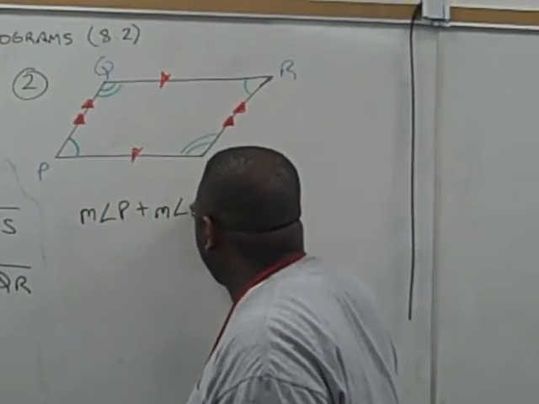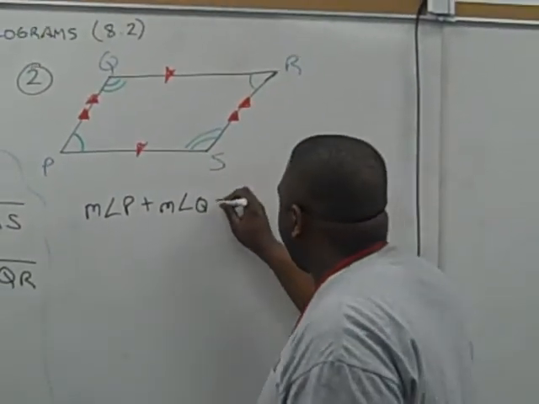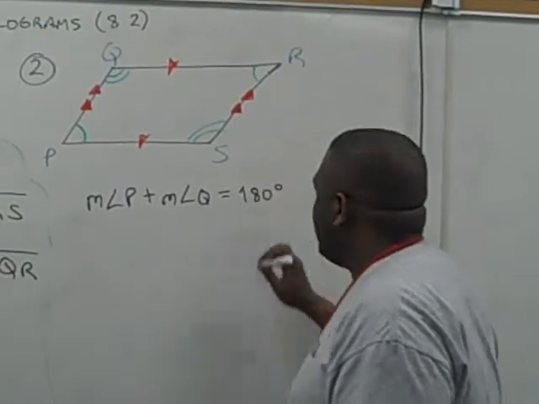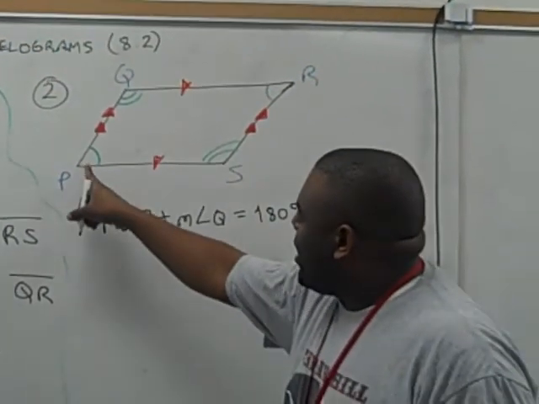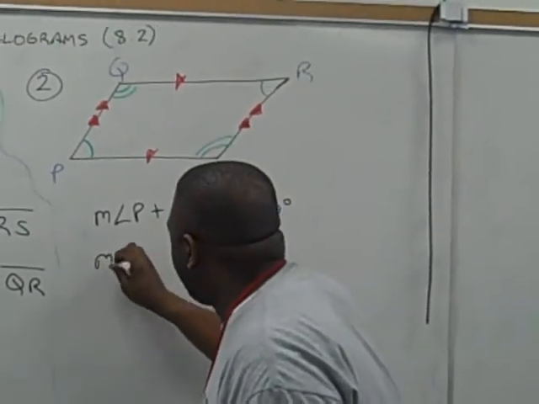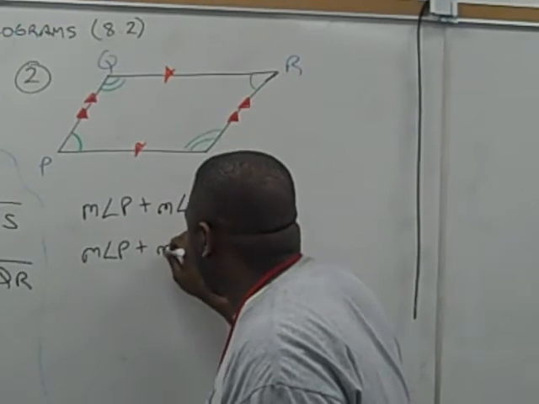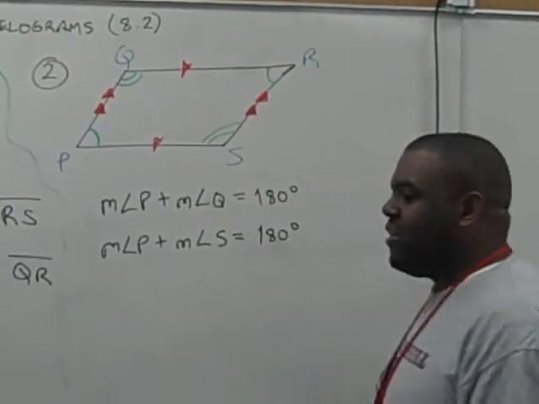So in this case, the measure of angle P plus the measure of angle Q equals 180 degrees. All right? Are there other statements we can write? Sure. We can say that P and S are also supplementary. They add up to 180 degrees. So the measure of angle P plus the measure of angle S equals 180 degrees.